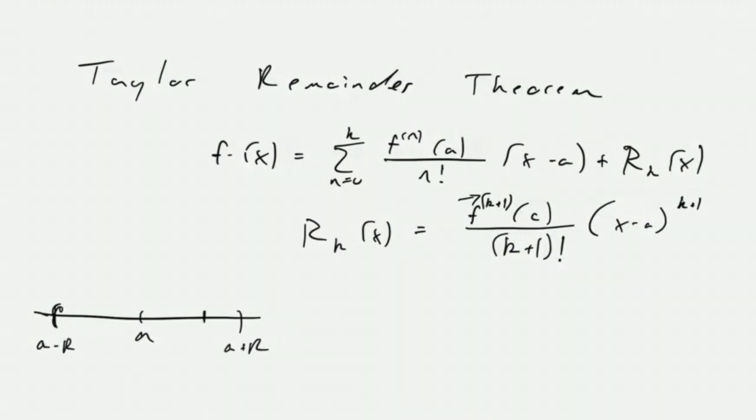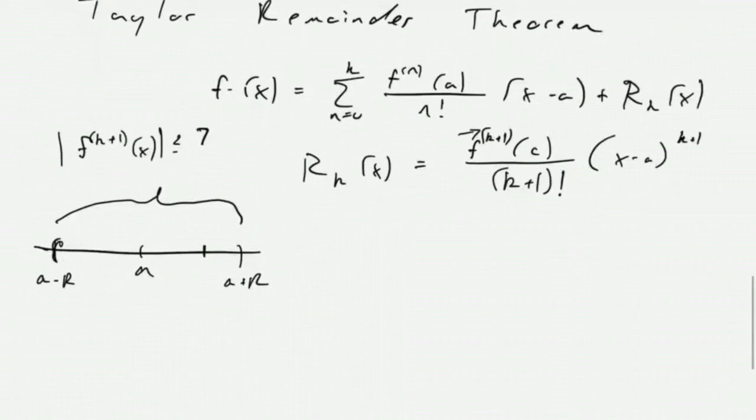And we know that everywhere on this interval, let's say the k plus 1th derivative of f at x is always less than 7, for example. Well, then I have some idea of what the size of this remainder is going to be.